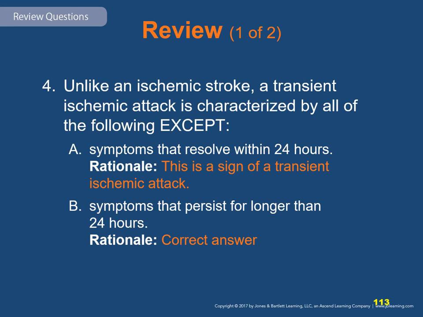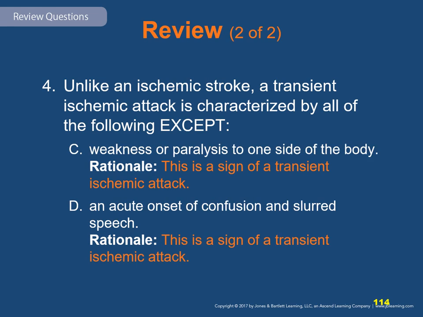B, all of the following except symptoms that persist for longer than 24 hours. We know that's not true because we just pointed it out in A. TIA, the symptoms will resolve in 24 hours or less. If you have symptoms that persist for longer than 24 hours, that's not a transient ischemic attack.